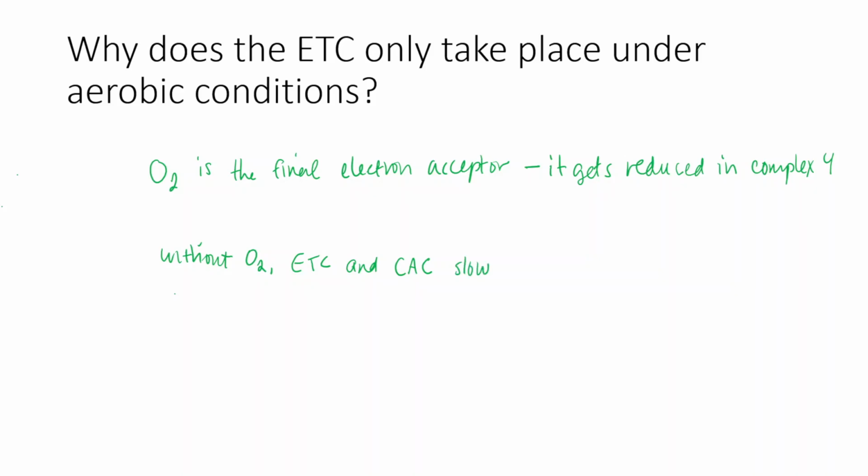So they slow down, and eventually they would probably stop, which is why we have the option of fermentation in these circumstances. That way, at least you can make more of your oxidized electron carriers and use them for glycolysis, which helps you make a small amount of ATP.